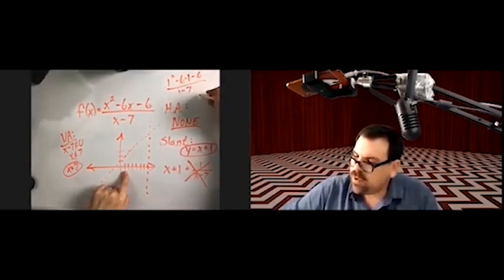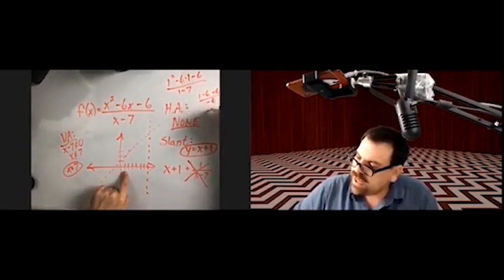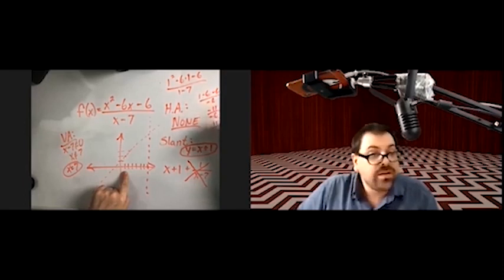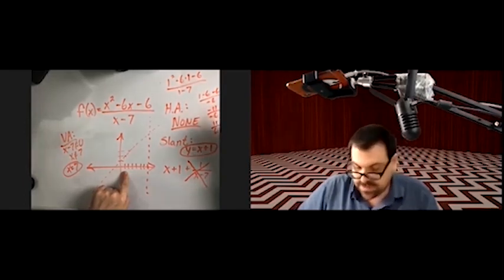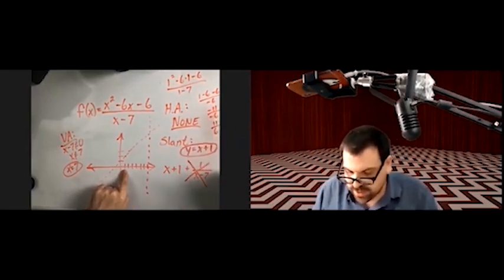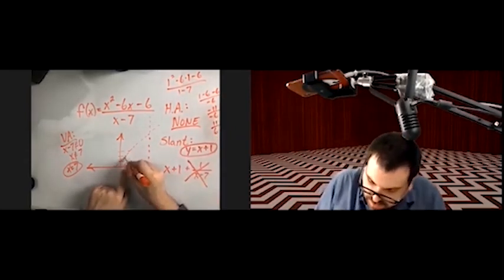That would be 1 minus 6 minus 6 over negative 6. Negative 11 over negative 6 would be positive 11/6. So at 1, positive 11/6, just a little bit under 2, that'd be a point right here.